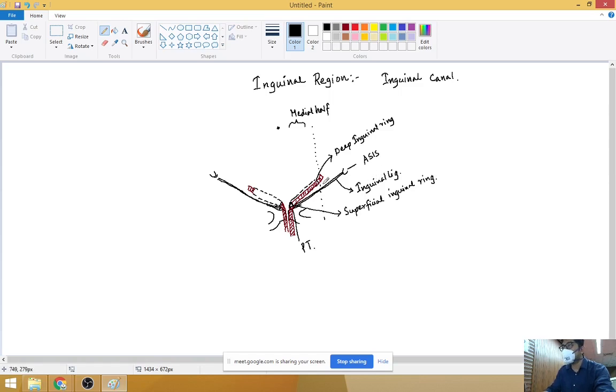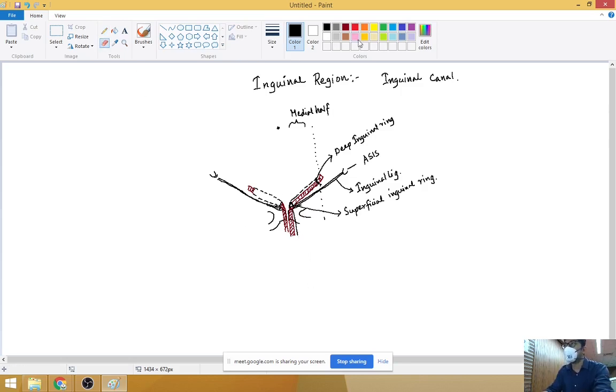So we have got a deep inguinal ring and a superficial inguinal ring. The spermatic cord or the round ligament of uterus enters the deep inguinal ring, travels in the inguinal canal and escapes out from the superficial inguinal ring.